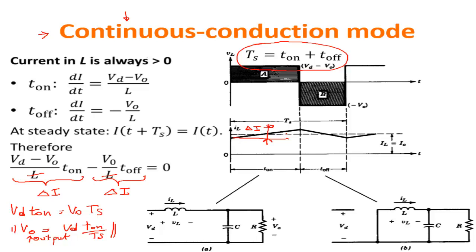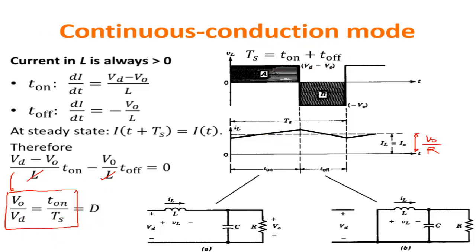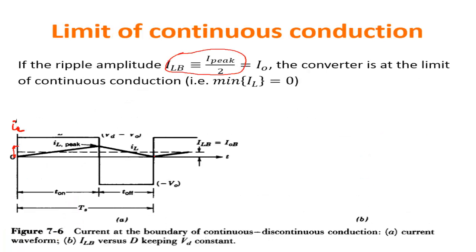Let me go through it in some more detail. This is the thing that I've already shown. So this is the limit of continuous conduction. As I said before, this is the current through the inductor.